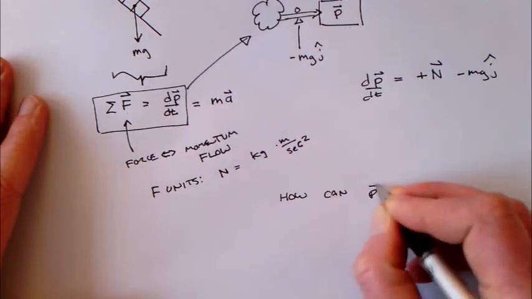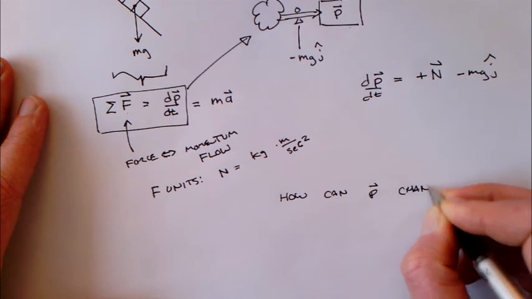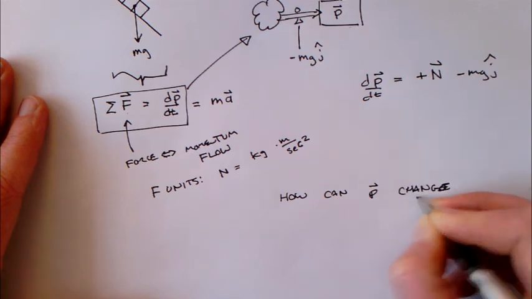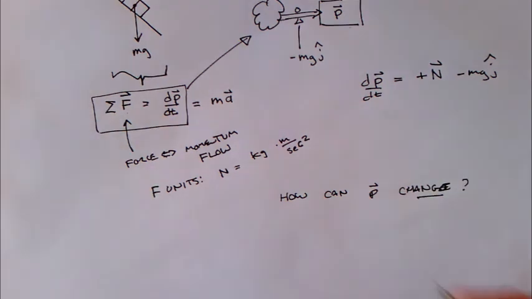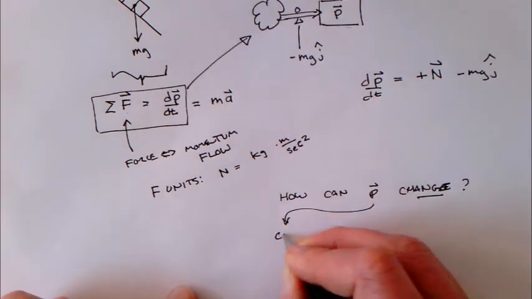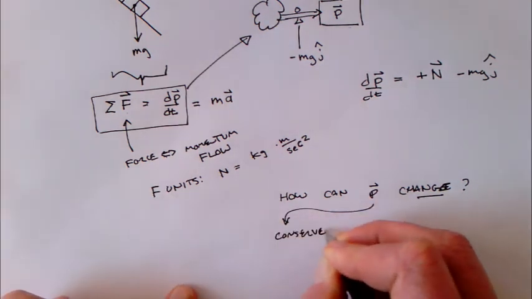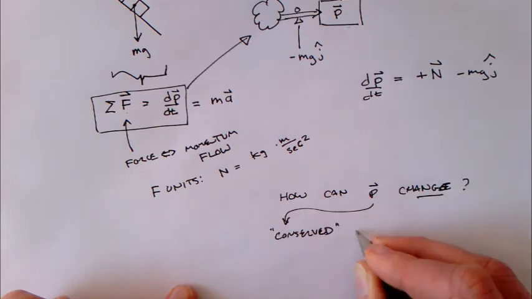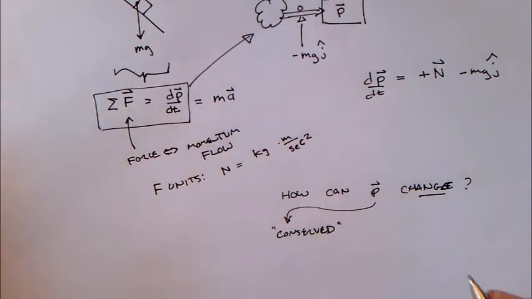So if we ask that question, how can momentum change? Well, momentum is a conserved quantity. Which means not that it doesn't change, but instead it means that it only changes when there is something that causes it to change.